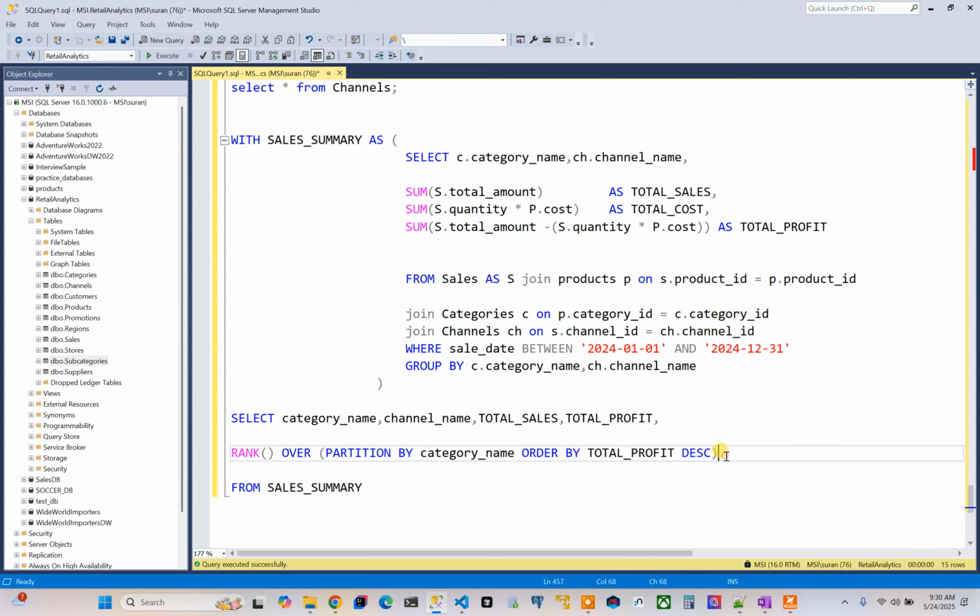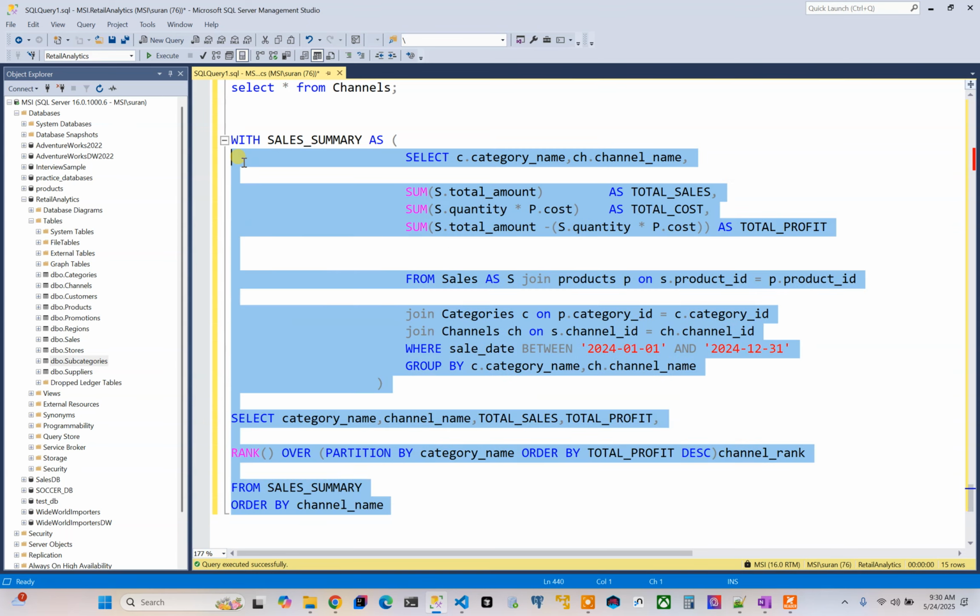So whichever is profitable, it will be rank 1. So now I will give channel rank from sales summary ordered by category name, or sorry, ordered by channel name. Okay, great. Now I will give a run, I will hit the queries.